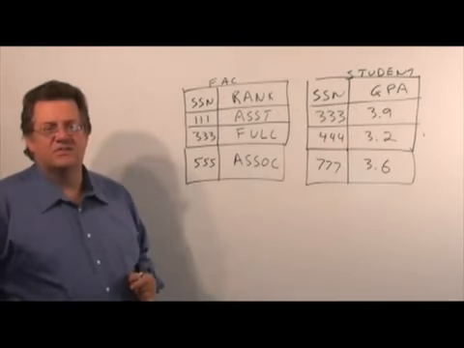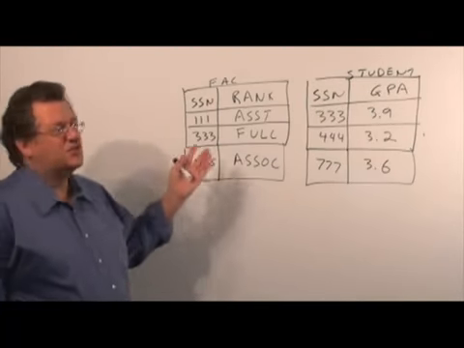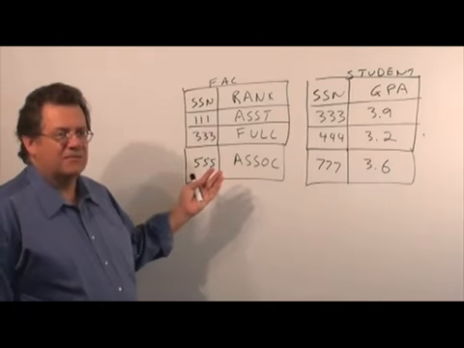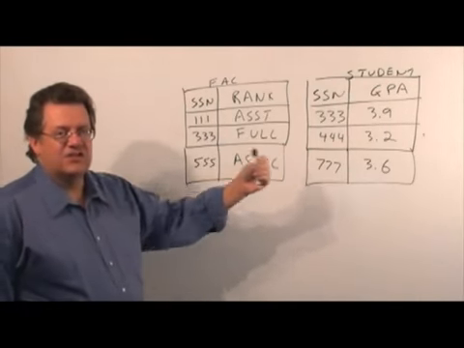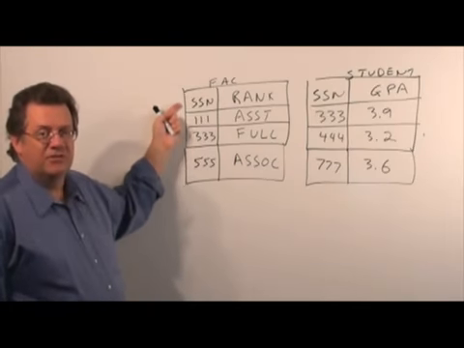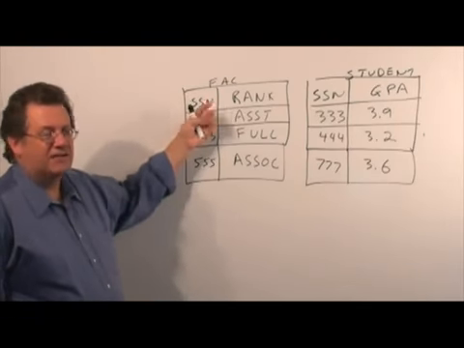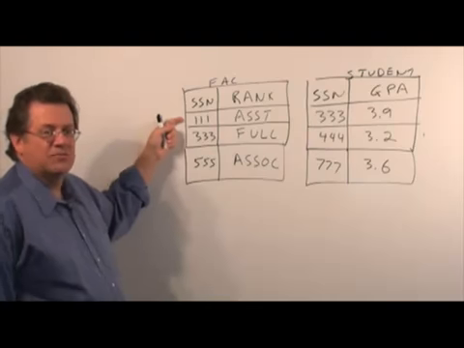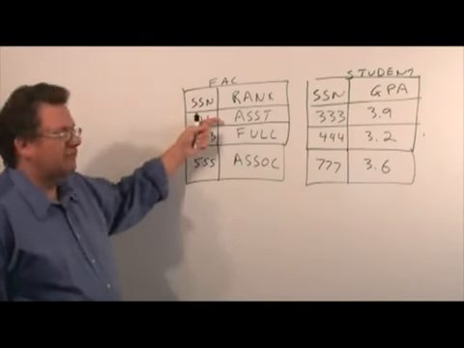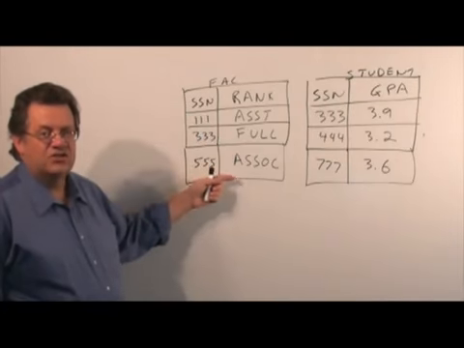Okay, what I've done here is put up a little example, and let's assume we've got two tables. The one on your left is a faculty table, the one on your right is a student table. In the faculty table we have social security number and the rank of the faculty member: social security numbers 111, 333, and 555, with respective ranks assistant, full, and associate.